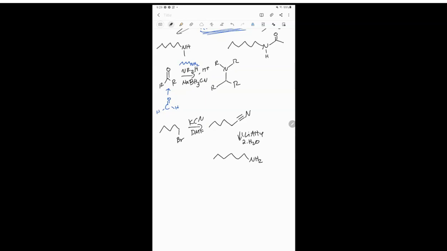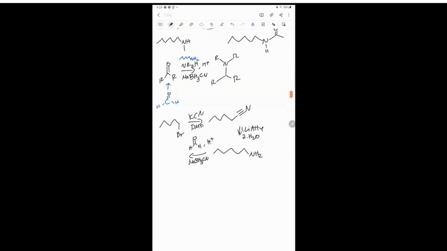So we have our amine. And now in order to install that methyl group, that's the pesky reductive amination business. So to put a methyl group on, this is ugly. Let's try this again. We need formaldehyde, a bit of acid, and then cyanoborohydride. That will put our methyl group on.